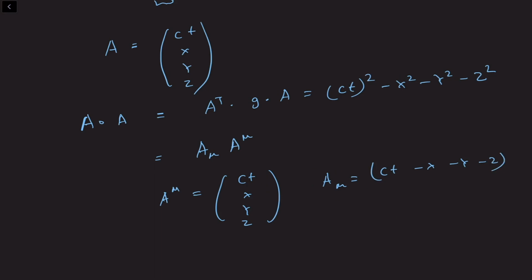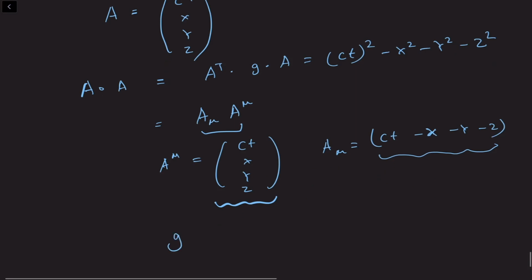And it's easy to see what the dot product is. The dot product is then just multiplying this row vector with this column vector. Okay. And this row vector was constructed from the column vector by multiplying the column vector by G, where G is the matrix with zeros everywhere else.